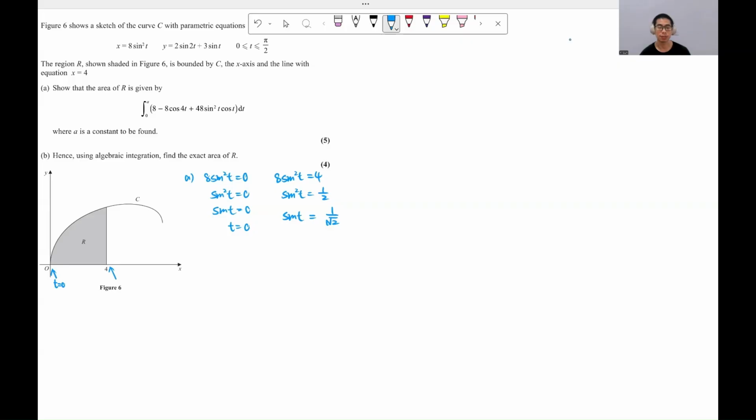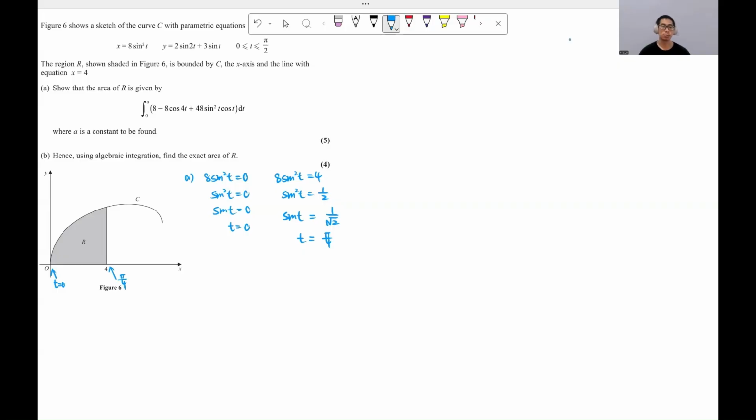So it cannot be negative. Then we just put that in the calculator: sine inverse of 1 over root 2 is pi over 4. That would be the only solution, because t is only between 0 and pi over 2. So the second t value is pi over 4.